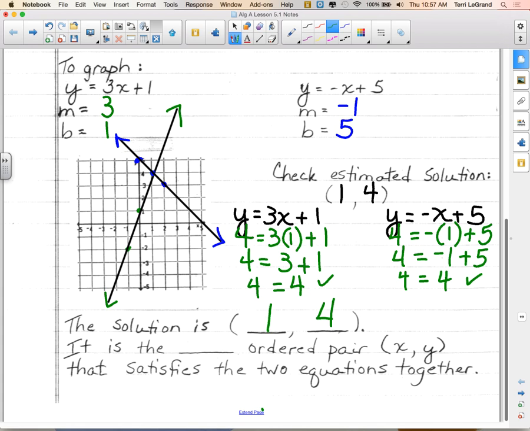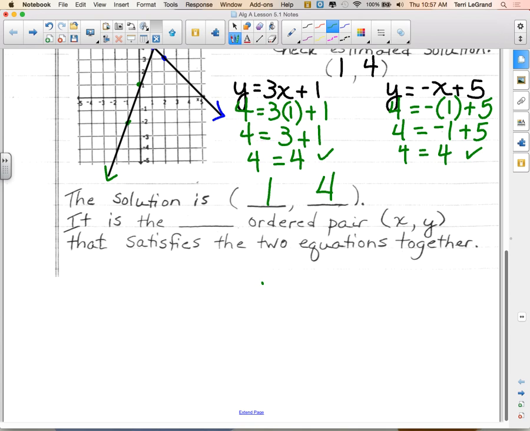So on your graph, what do you think we could say, looking at it? Go ahead, you can turn your calculators back on and check something out again. Look at the graph. Is it the only ordered pair that satisfies the 2 equations together, or do you think there's another 1 or 2 or 3 or so on that satisfies both equations together?